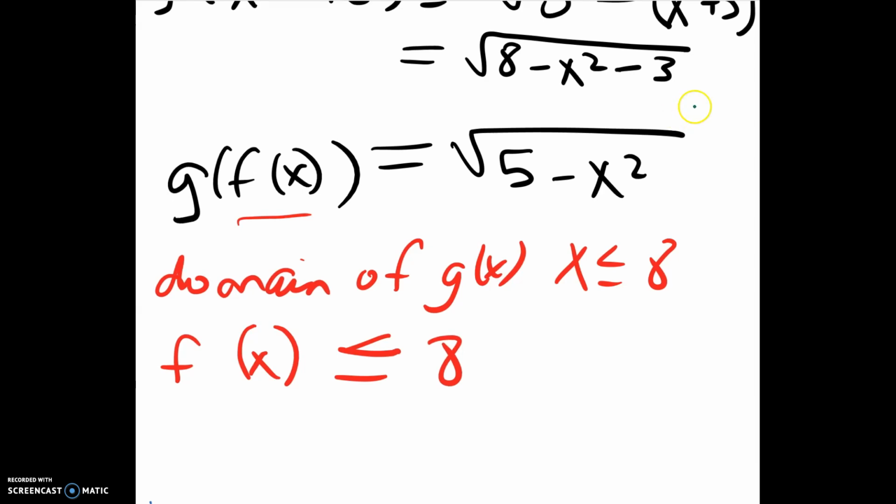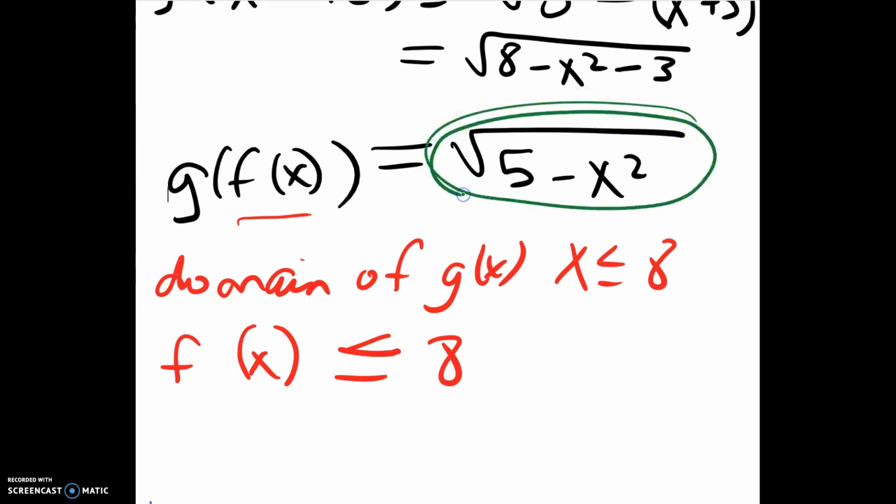You can either look at the domain of this function that I'm circling in green, okay? Or we can say we know that we want f of x, which was equal to x squared plus 3, to be smaller than or equal to 8, because the restriction that was placed on g was that x had to be smaller than or equal to 8.